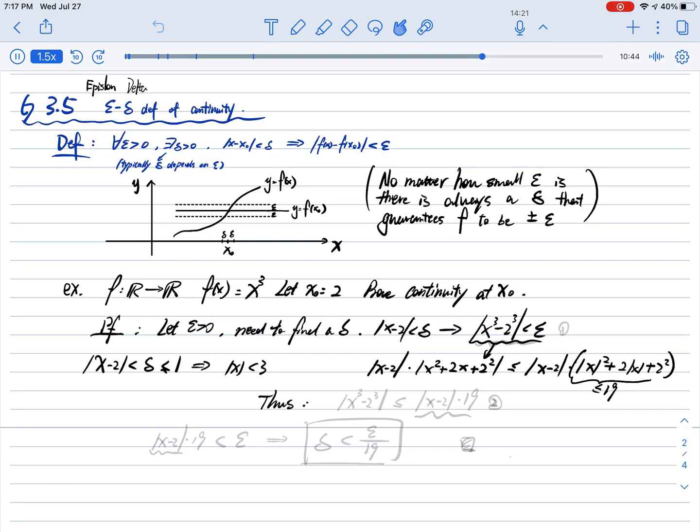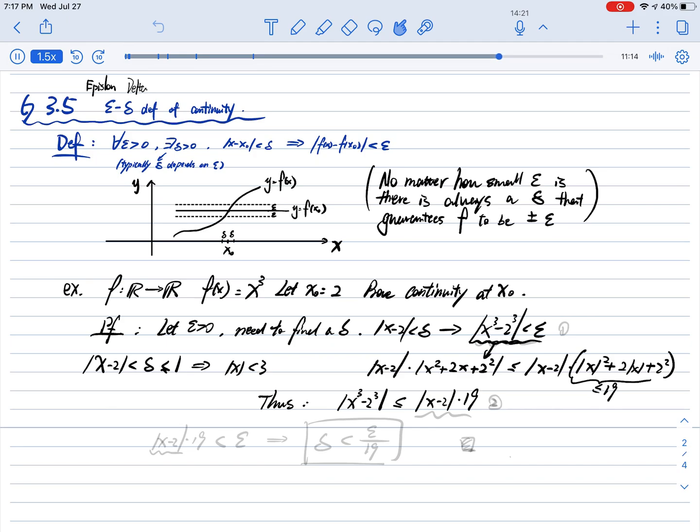Thus, we got smaller or equal to absolute value of x minus 2 times 19. Because the whole expression right here is the absolute value of the difference of the output, it is equal to this whole thing right here, and also it is smaller than the right part.